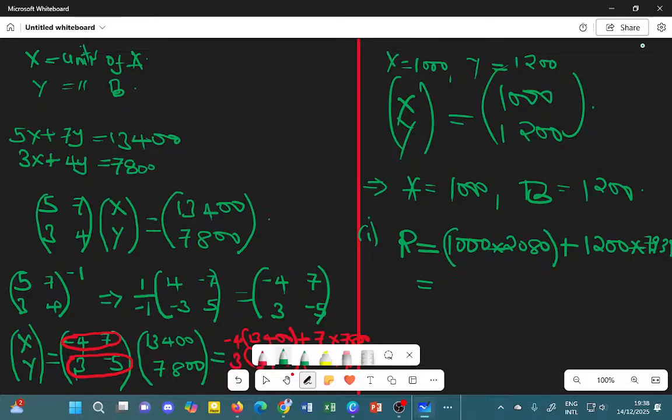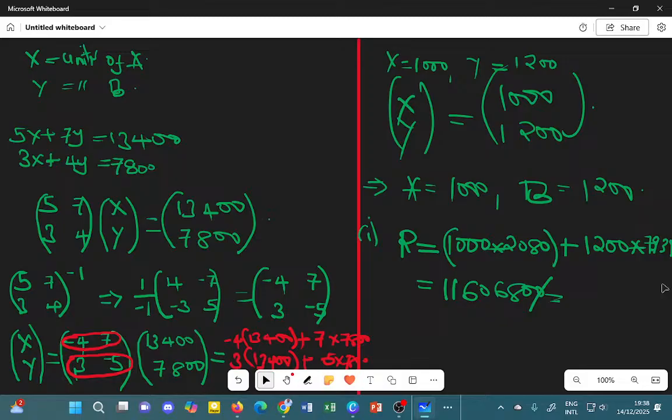If you work this out, you should get 11,606,800 shillings as the total expected revenue.